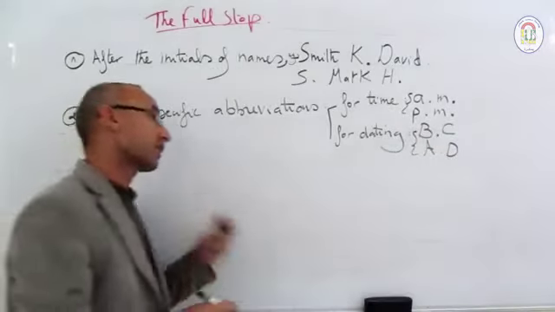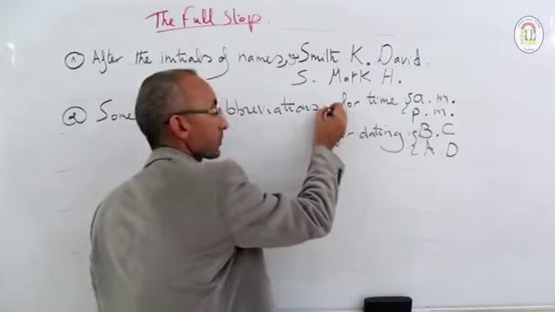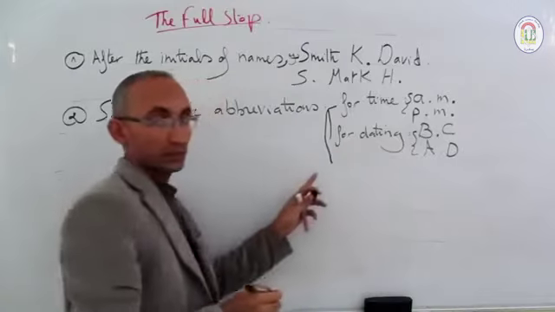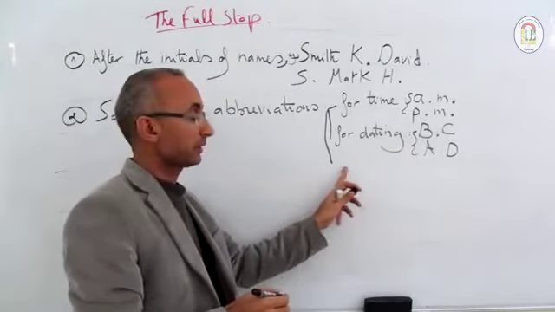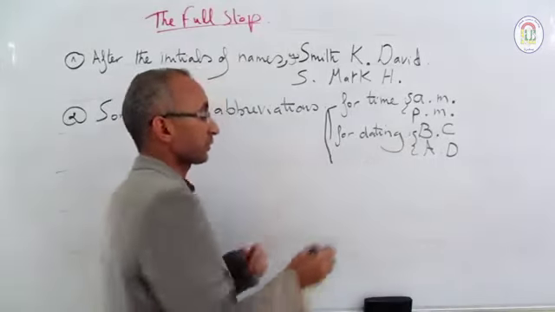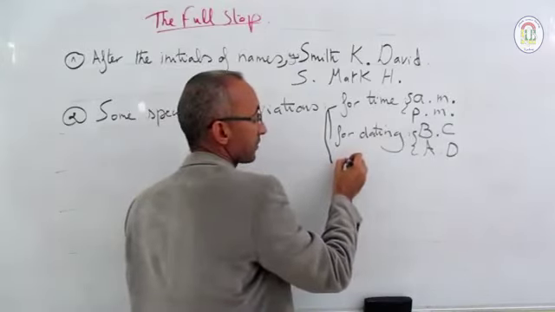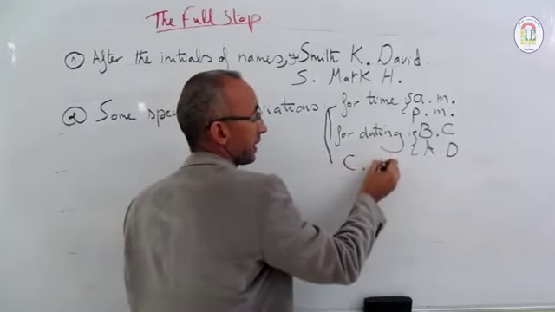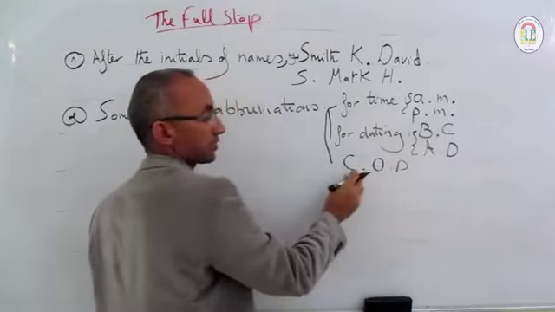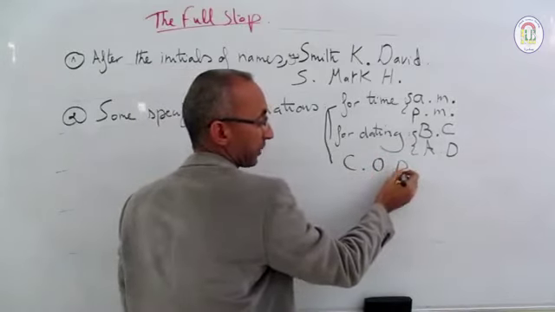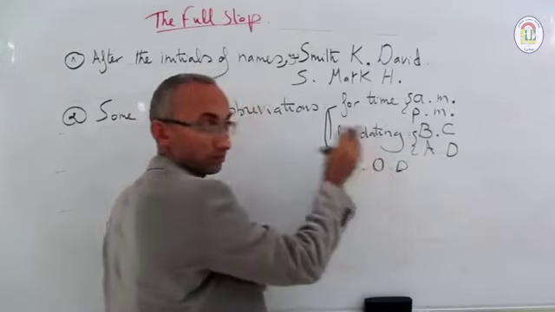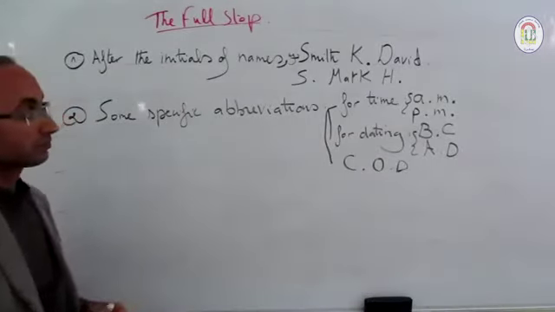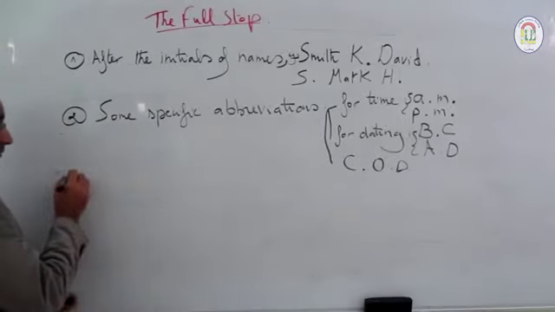And also certain very specific abbreviations which are always written with full stops between their letters. For example, the abbreviation for cash on delivery, C.O.D., is a specific abbreviation for an economic term, and so on.